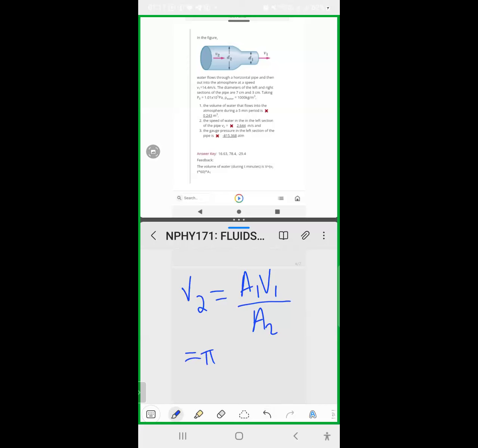And then this is 0.07 over 2 squared. And then we multiply this by 14. Let me erase this and rewrite it again so that I have enough space. So this is equal to pi, then into 0.07 divided by 2 squared, and this is multiplied by 14.4 meters per second, and then we're going to divide this by the area A2.